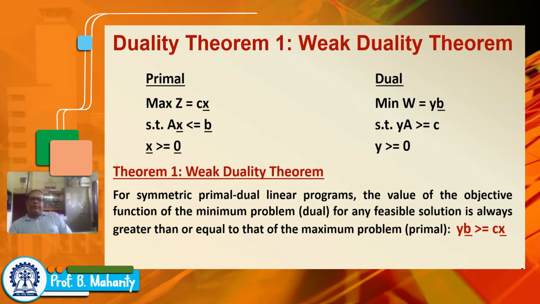So it's a simple thing. It took us time to understand exactly what it is and what is the meaning of this. But the weak duality theorem essentially clearly states how the objective function values of the two problems, the primal and the dual, are related to one another, and how the minimum problem always returns a greater value.